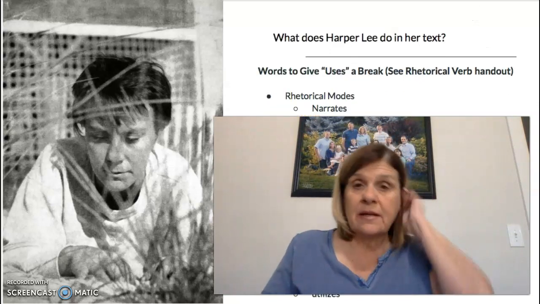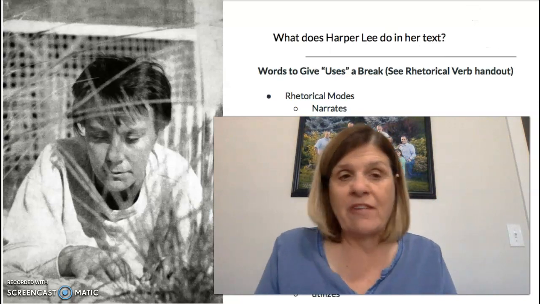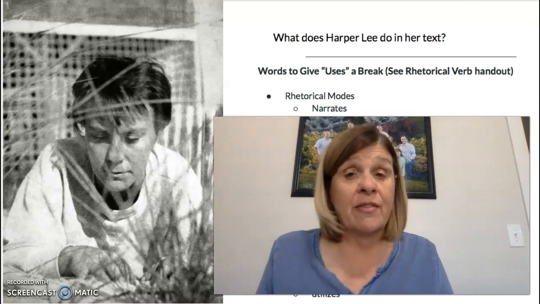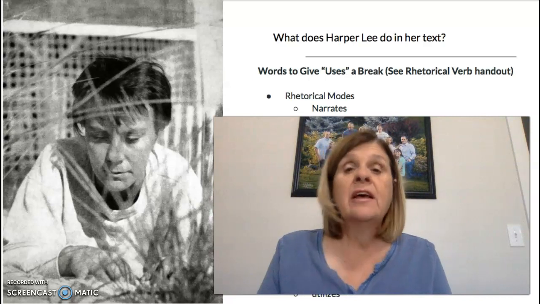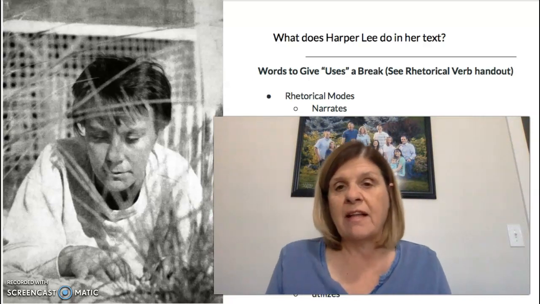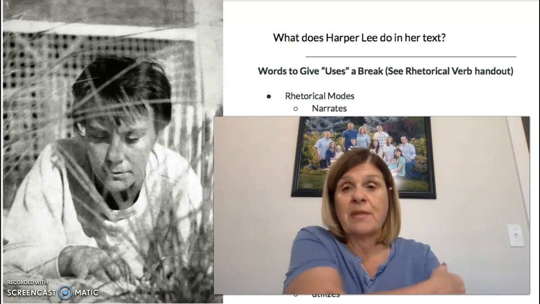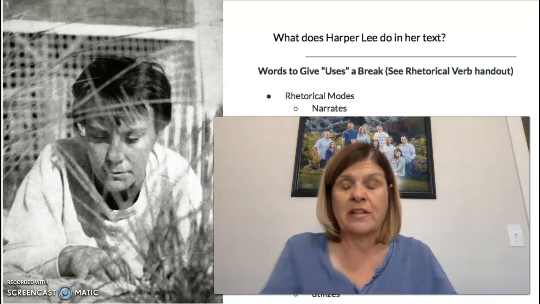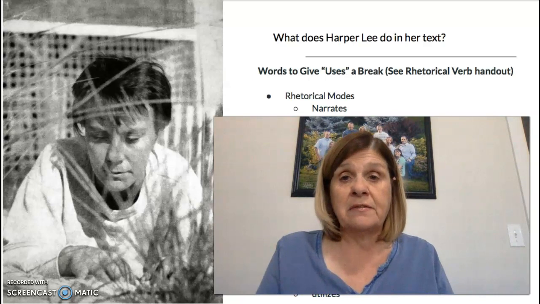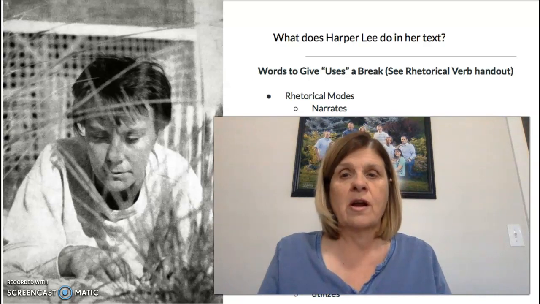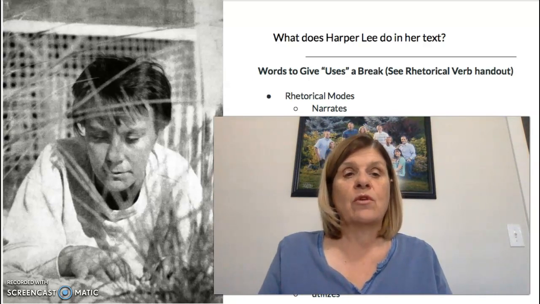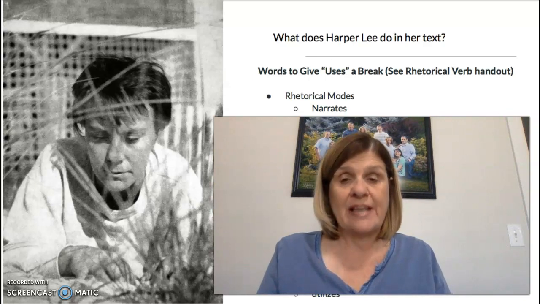So in class, I'm going to have everyone read for about 5 minutes on their own, pick a part of the book to read. If you are not in class, I want you to stop and read the excerpt that I included from her book, one of the chapters, and get a feel for what Harper Lee does in her text.